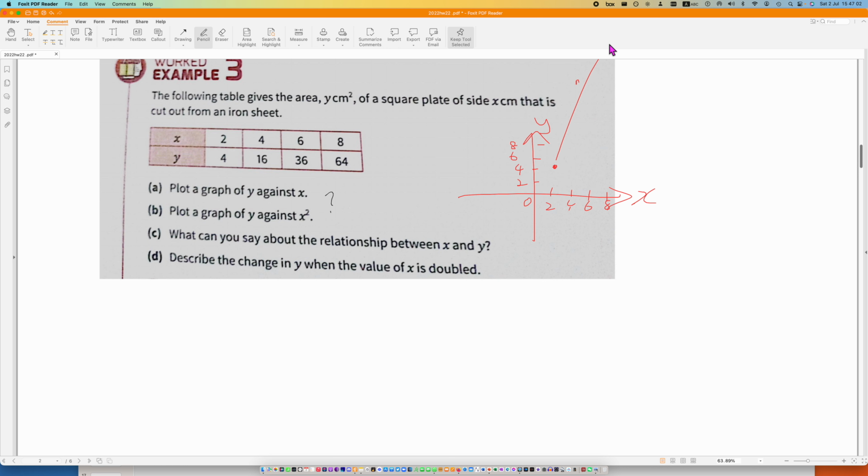Now you need to plot y to x square. So instead of x, I need another x square. So 2 square is? 4 square is? 6 square is? 8 square is? 64.